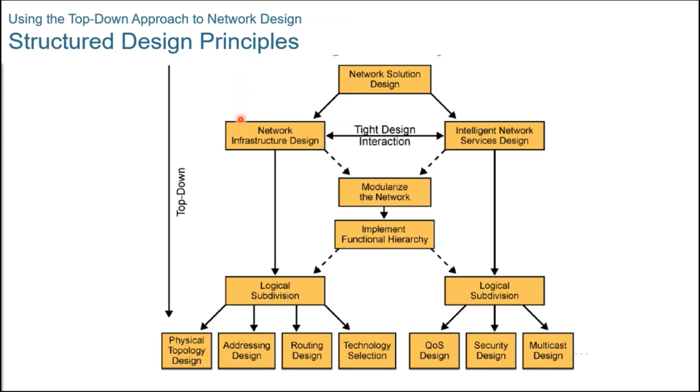Structured design focuses on a systematic approach, dividing the design task into related, less complex components as follows. First, identify the applications needed to support the customer requirements. Next would be identify the applications' logical connectivity requirements.